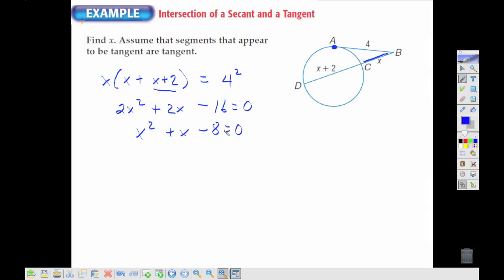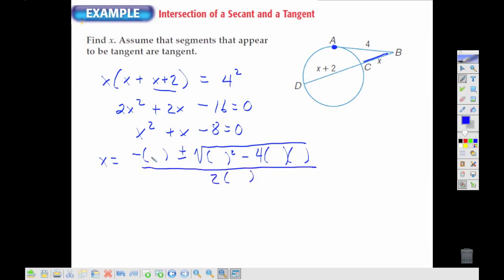But we won't be able to factor this, so we're going to have to use the quadratic formula to do this. To find x, we're going to use negative b plus or minus the square root of b squared minus 4ac, divided by 2a. Our b is 1, our a is 1, and our c is negative 8.